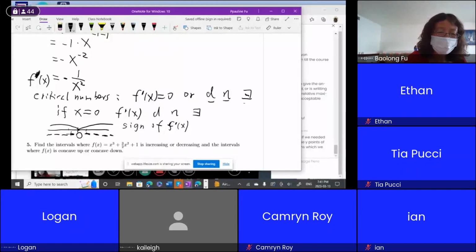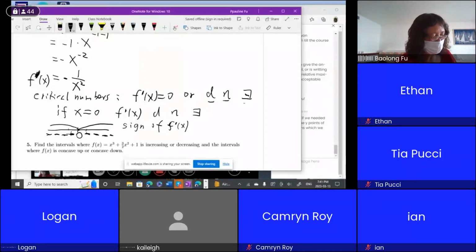So the first derivative is negative throughout the real number line. If f' is negative, the function is decreasing.